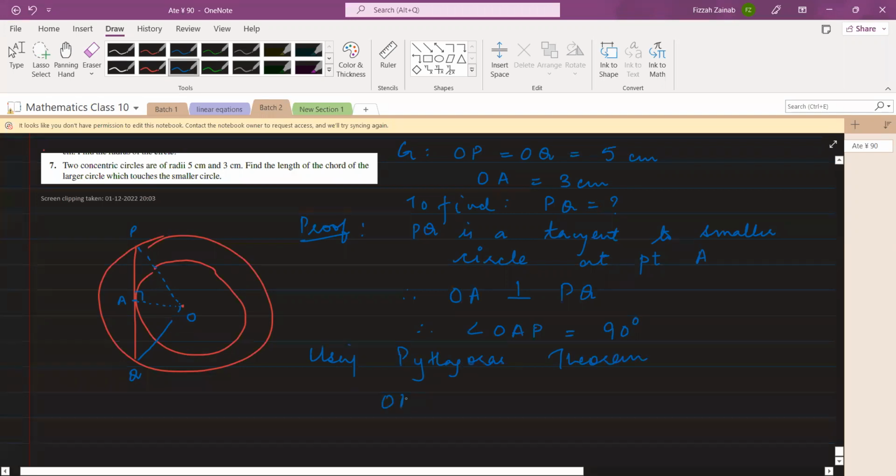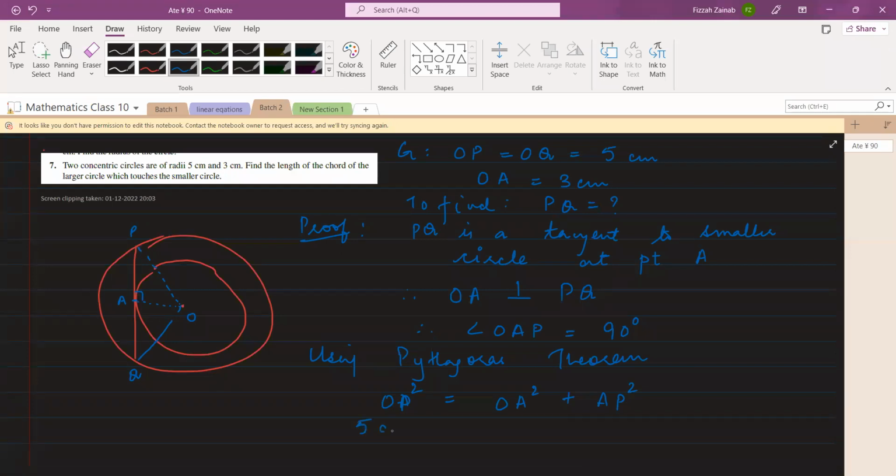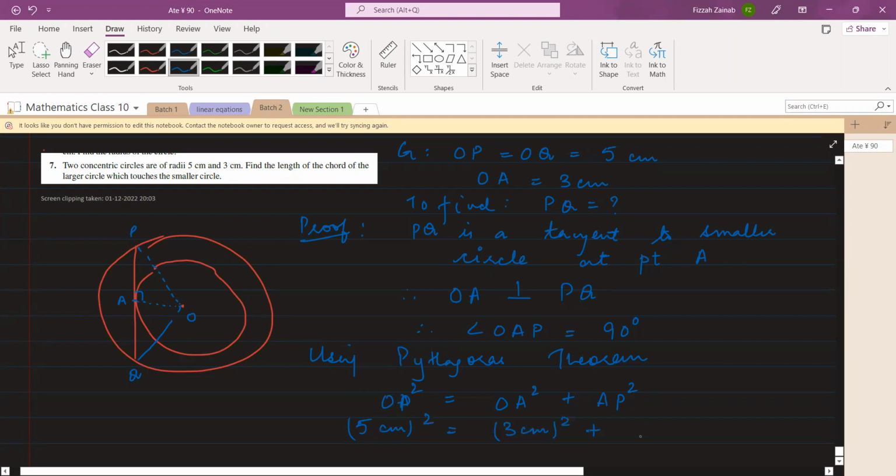So using Pythagoras theorem, OP square will be equal to OA square plus AP square. So OP is 5 centimeter whole square, OA will be 3 centimeter whole square, and AP square.